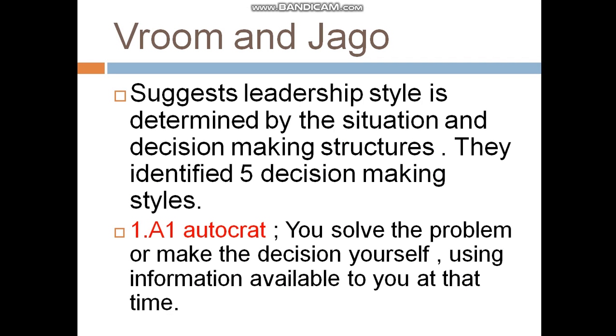Hersey and Blanchard say that leadership style is according to the maturity of the subordinate. Here, leadership style is determined by situation and decision making structures. Vroom and Jago identified 5 decision making styles.